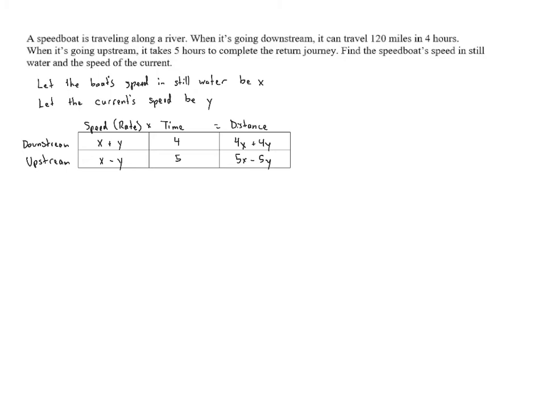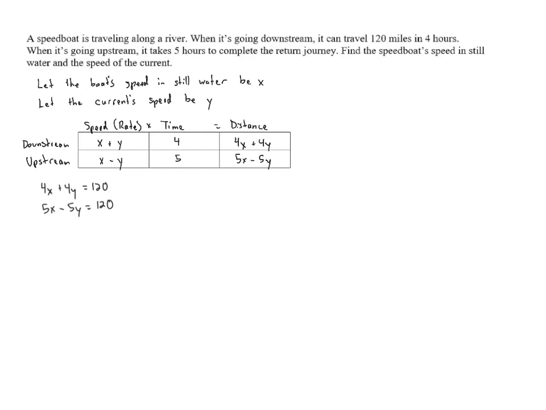And just like the last problem, the distance that we're given, in this case 120 miles, represents both of the distances in the problem, both downstream and upstream. So that gives us our system of equations. We're going to have 4x plus 4y equals 120, and 5x minus 5y also equals 120.